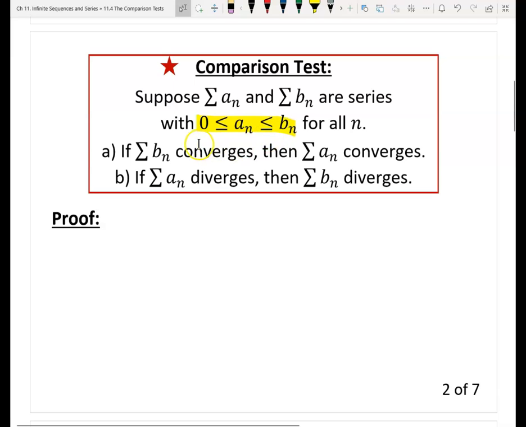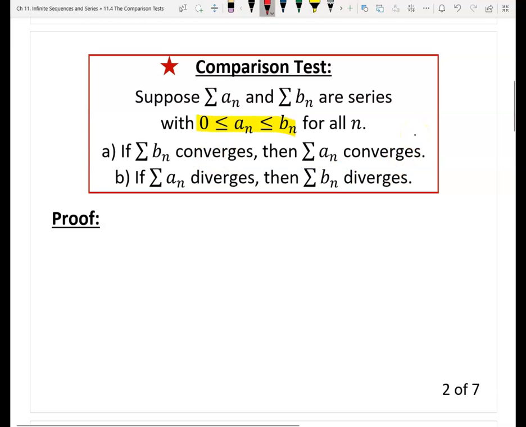And the result is: if the B series converges, then the A series converges. Or, if A diverges, then the B series also diverges. Usually we can see these results in another way. If we say the A series is the smaller series and the B series is the larger series, then let me write it down.